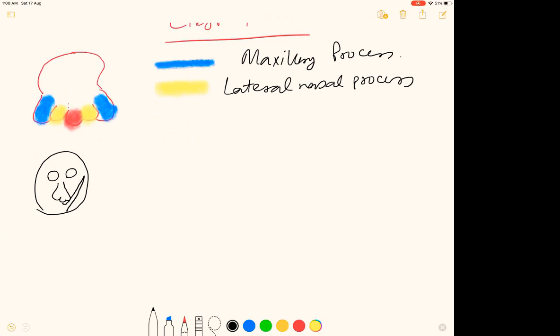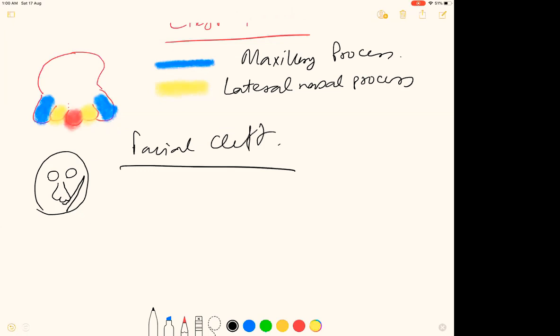Remember that this cleft will occur because the maxillary process will fail to fuse with the lateral nasal process. This problem is called a facial cleft.